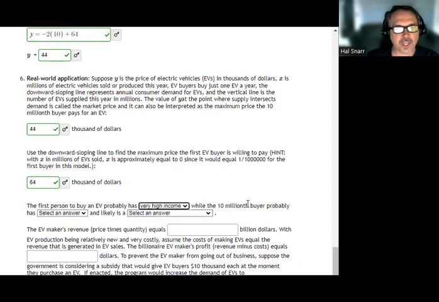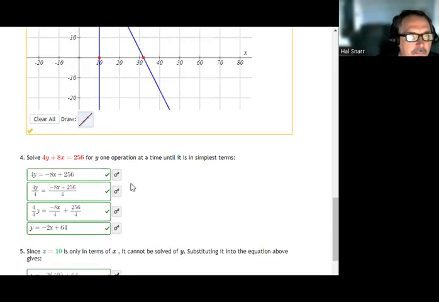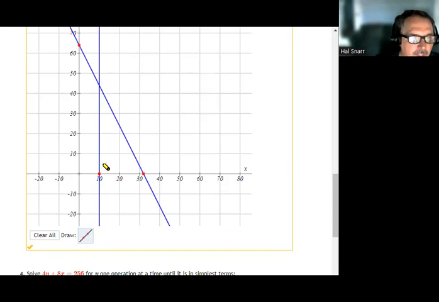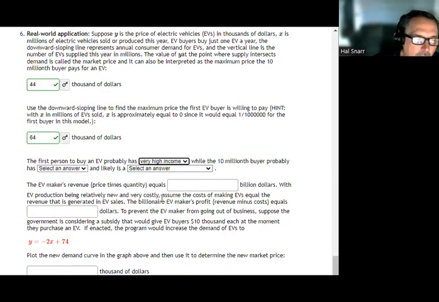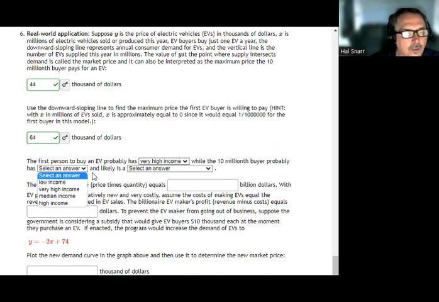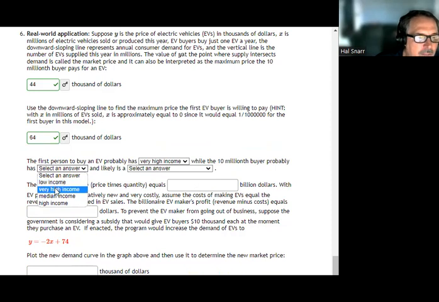Now, the 10 millionth buyer, again, this is in millions, can pay $44,000, right? Who is that? Of the choices, we're not talking about somebody with low income, very high income, or high income.